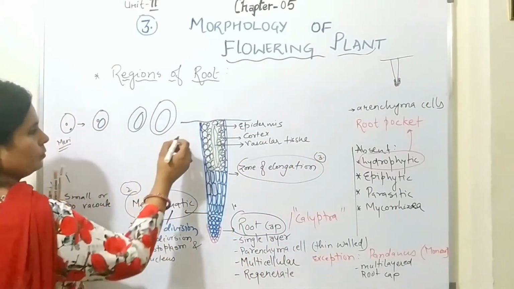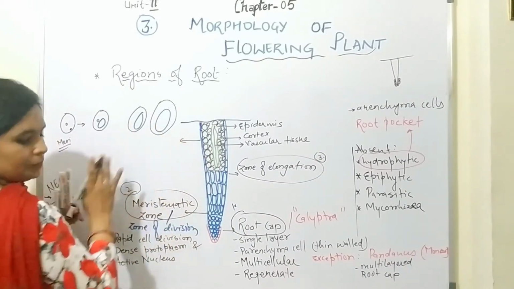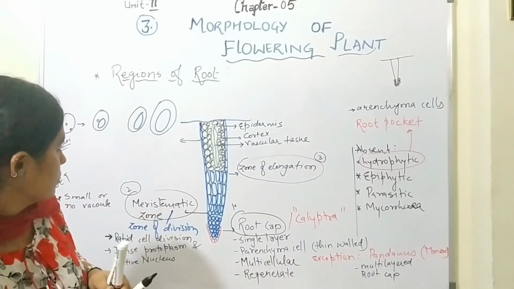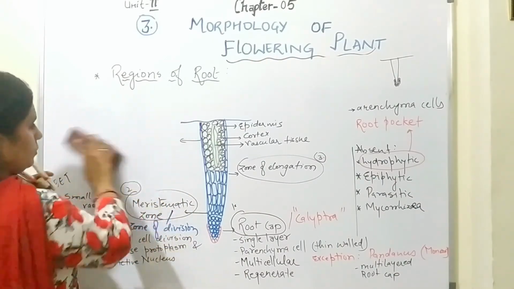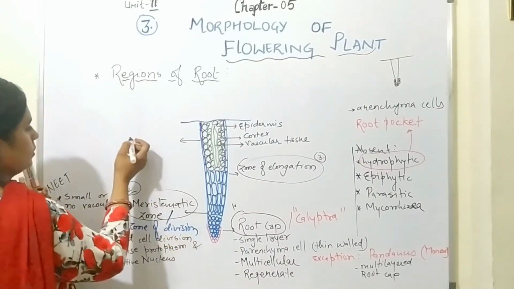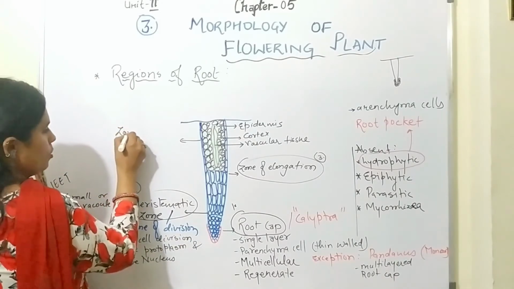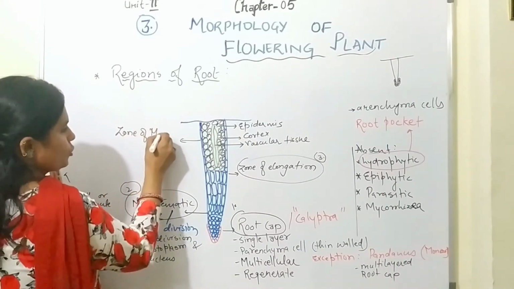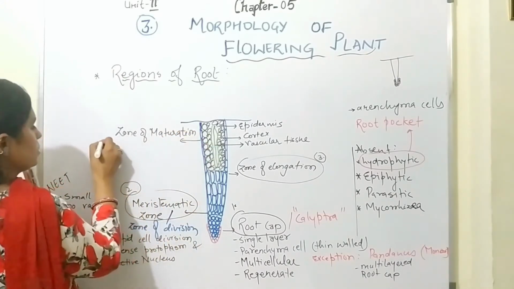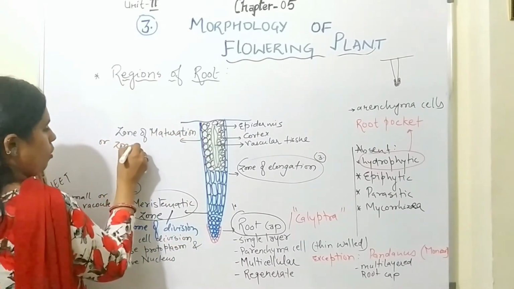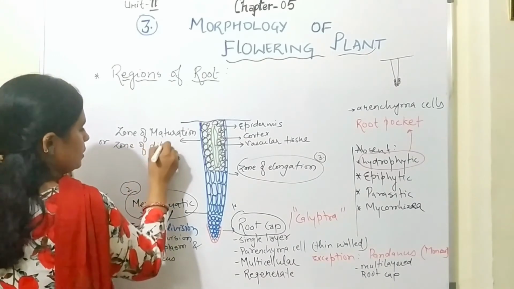The last one is the zone of maturation. You can also call this the zone of differentiation.